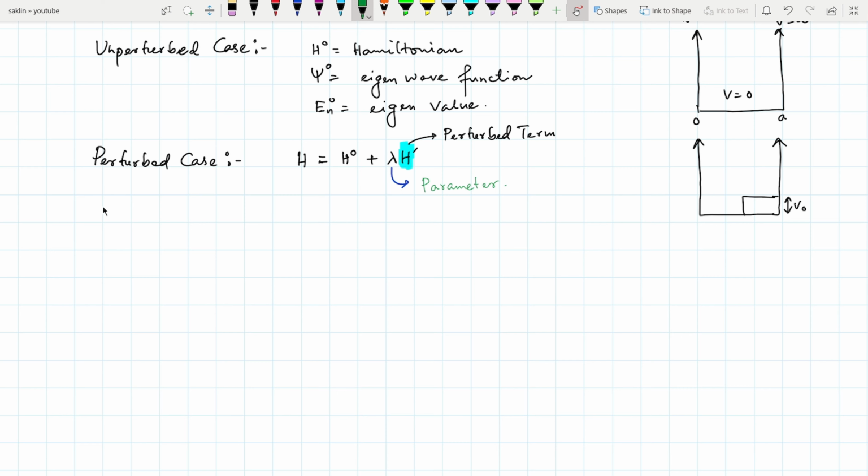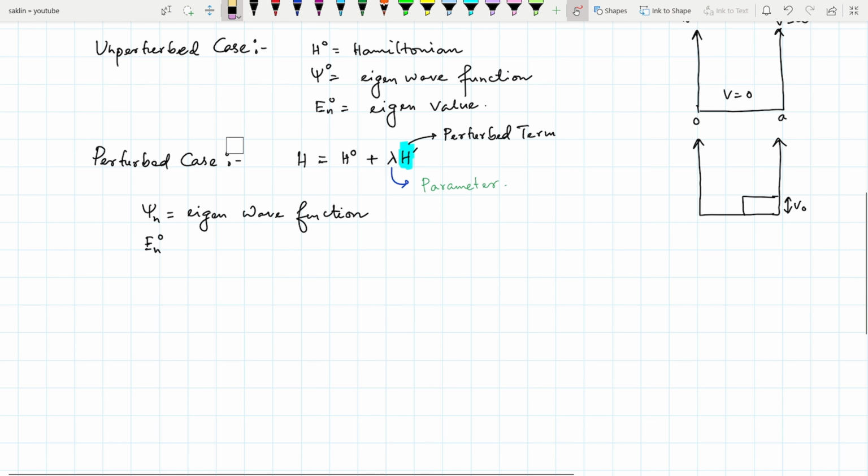So now this is our eigen wave function for the perturbed case, and this is the eigenvalue for the perturbed case.